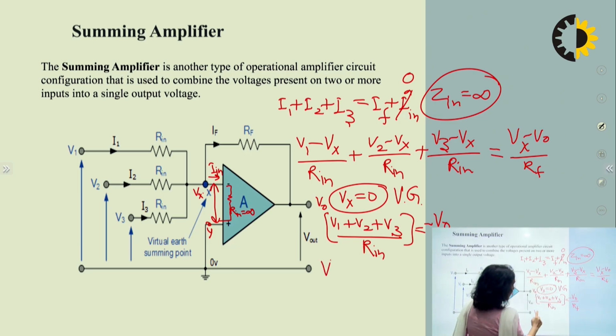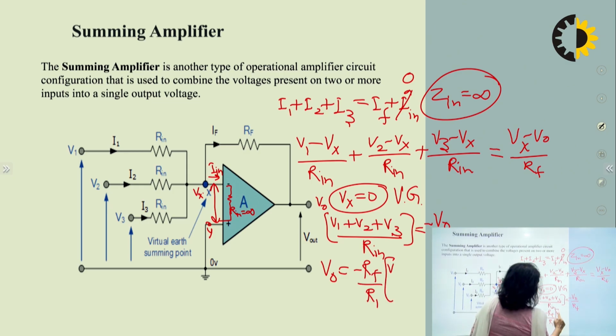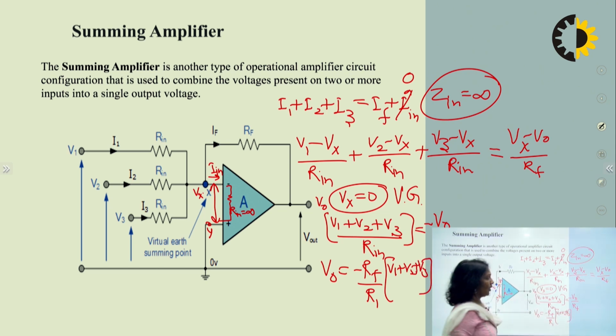So V0 will be equal to minus RF by R1 times V1 plus V2 plus V3. We can easily see that it is an inverting amplifier. Why? Because all the input signals are being applied to the inverting terminal.